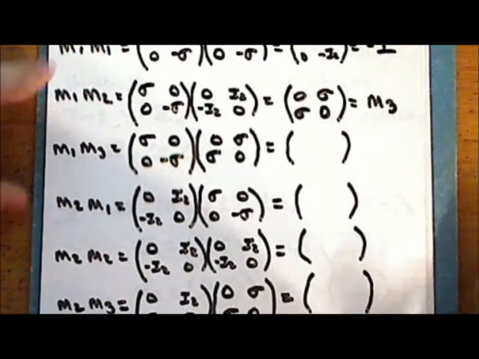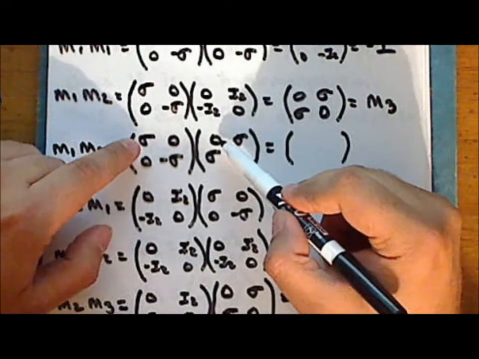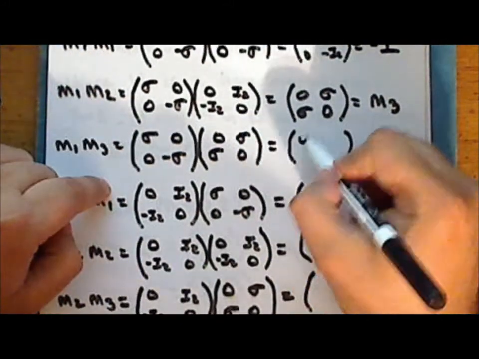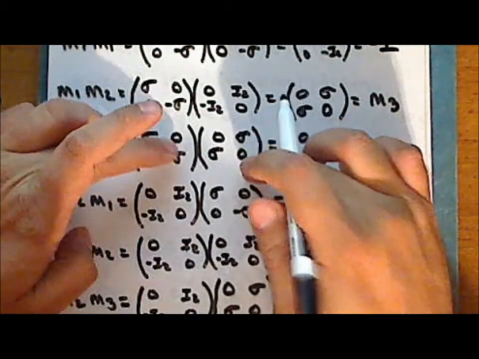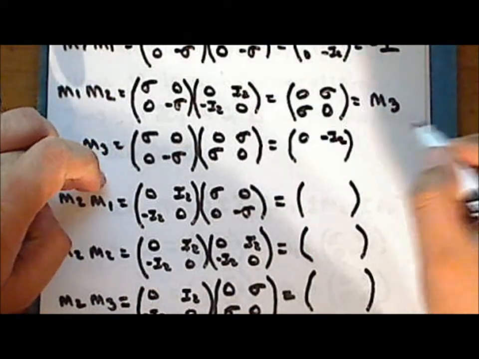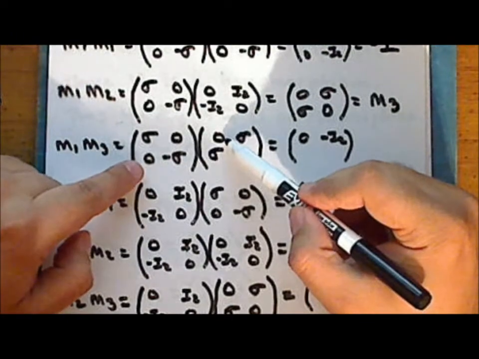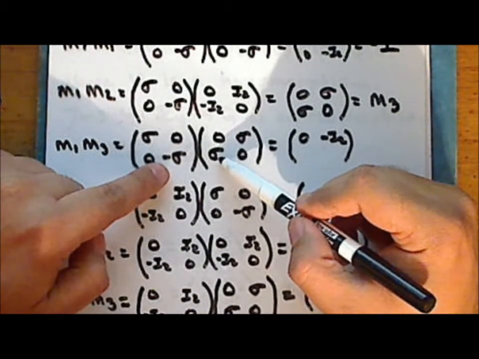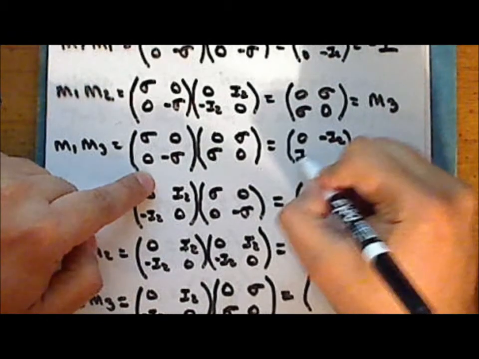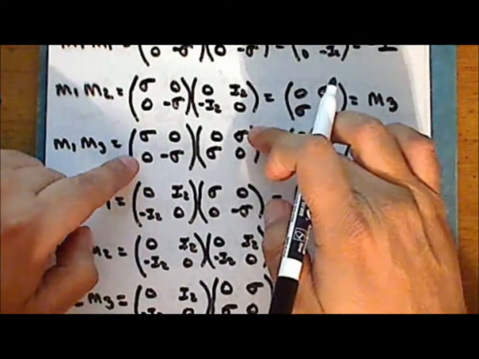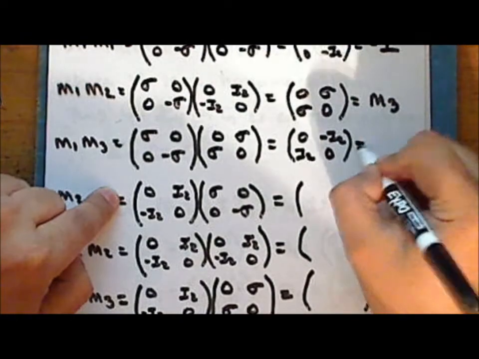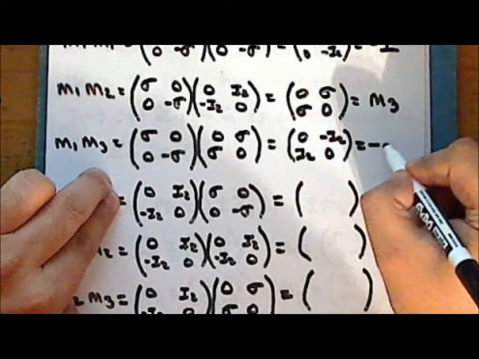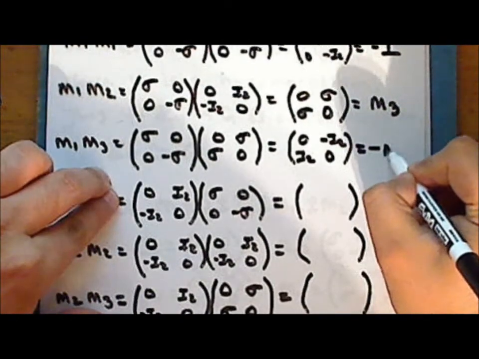M sub 1 times M sub 3 is the matrix with entries 0 plus 0, sigma squared plus 0, so negative I sub 2, 0 plus negative sigma times sigma, which is I sub 2, and 0 plus 0. Notice that this is the negative of the matrix M sub 2.